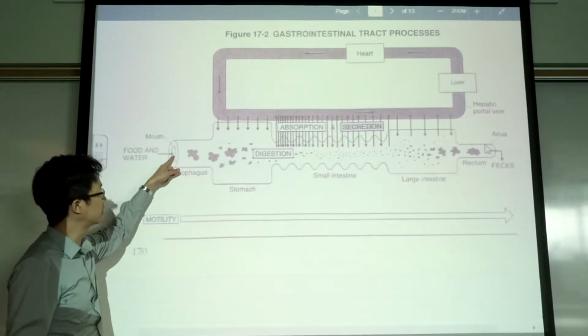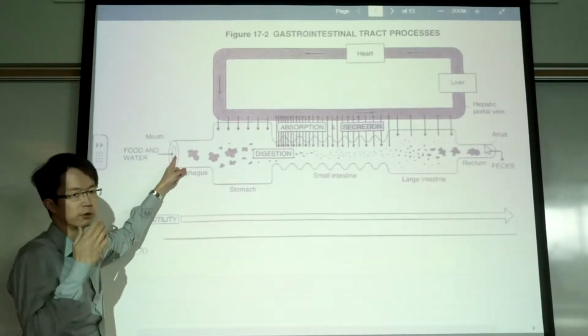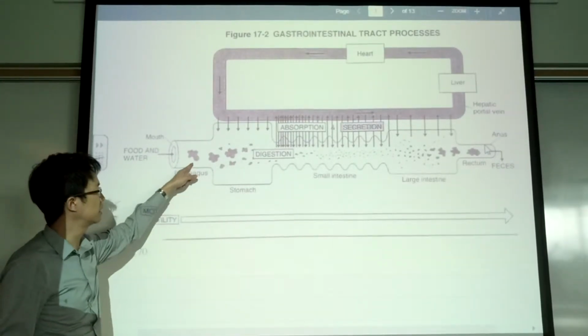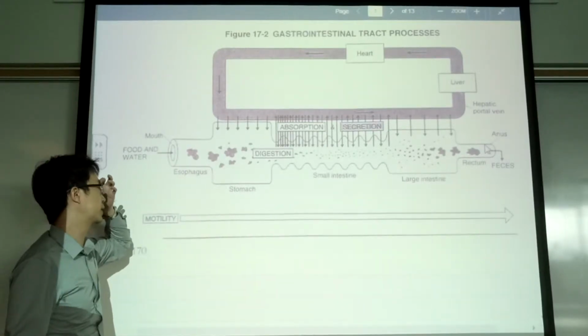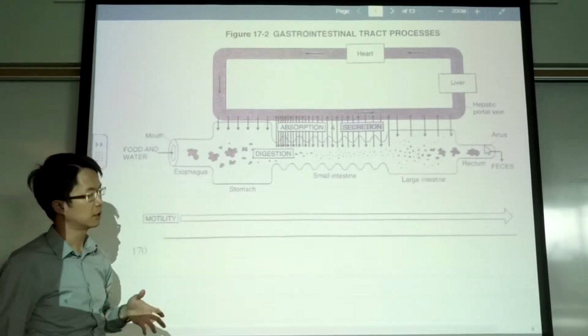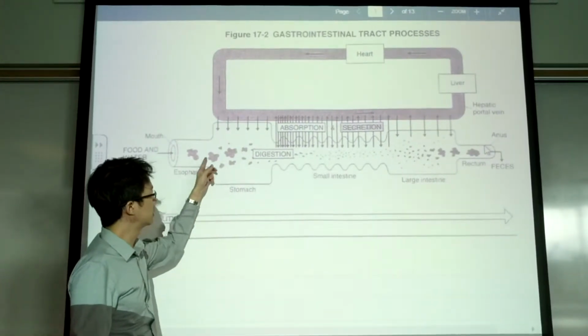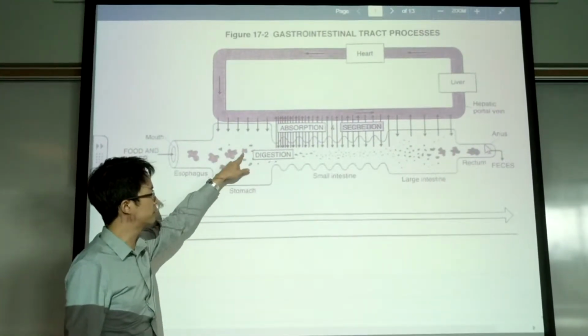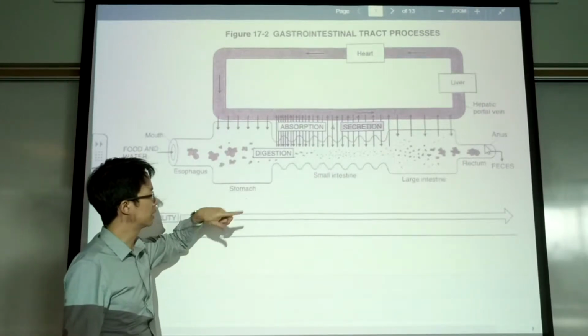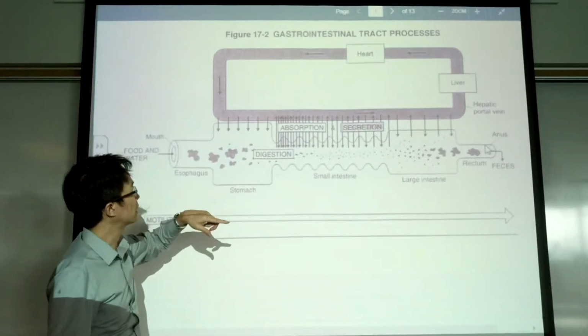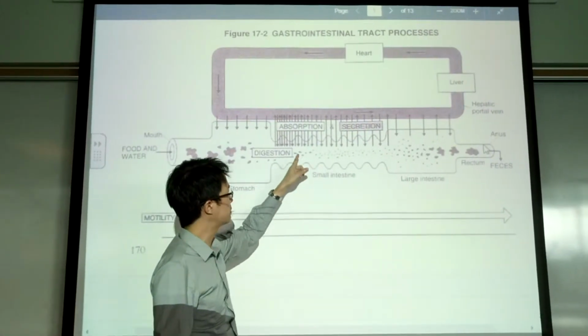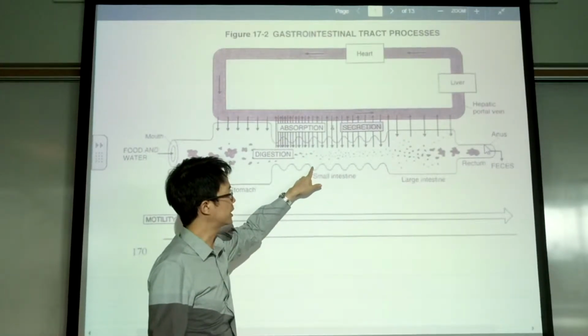Our mouth takes in the food, called ingestion, and then the mouth will break down the food mechanically to increase the surface area so that the food will have a high surface area for digestion in the stomach. And then there will be absorption in the small intestine.